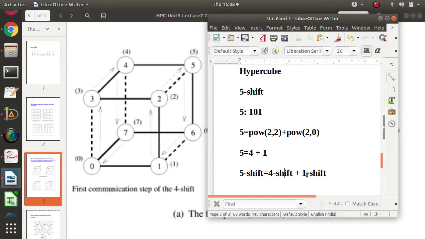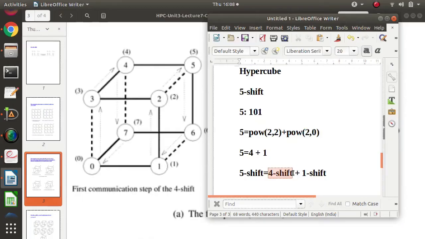For any shift, there can be a maximum of two-step communication. Only two steps will be there. For example, say 4 shift. 0 has to send to 4. So instead of traveling along the linear array like this, it will travel like this, 1 and 2. So indeed, 2 shift. Okay.